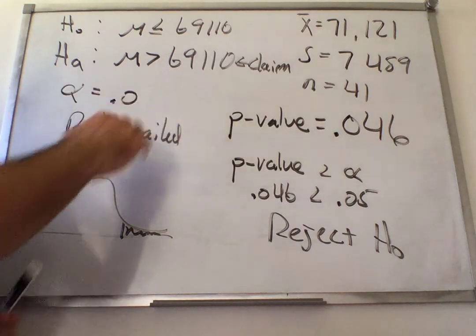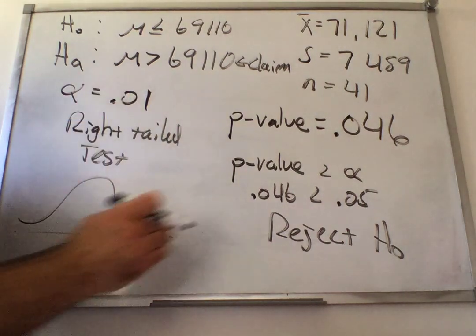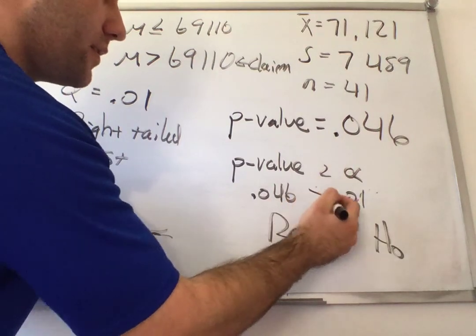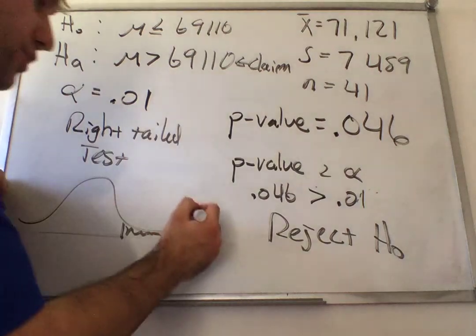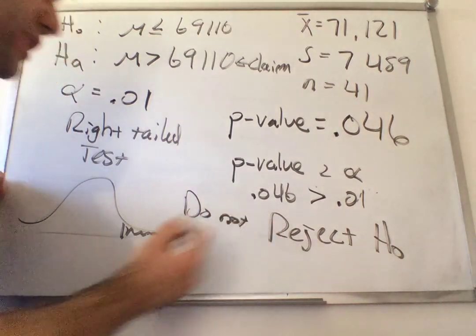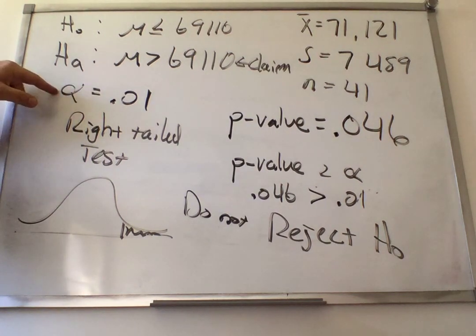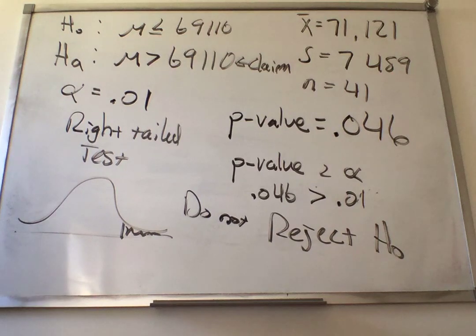If we would have picked 0.01, this would have been 0.01, and then we would have had a different decision. We would have said, do not reject the null hypothesis, okay? So, picking the alpha value is very important in what field of study you're in. You usually want to keep it pretty consistent, okay? Because they could result in different conclusions, all right?